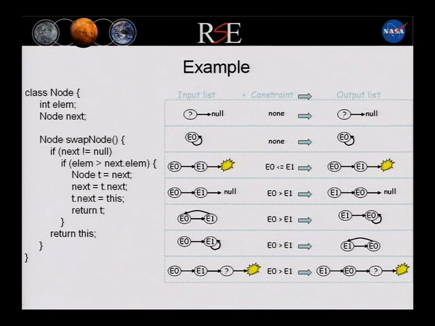So basically, we will output 7 configurations, and each configuration corresponds to one path through the code. Because we don't have a loop here, we have a complete analysis. For each input list, we also compute the output list.